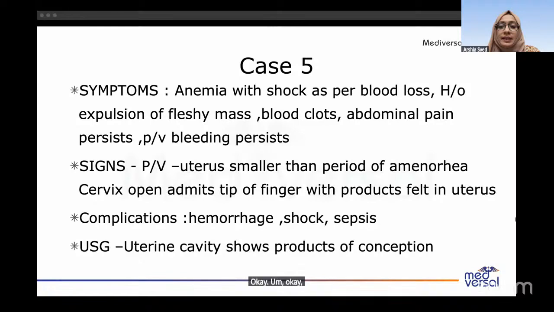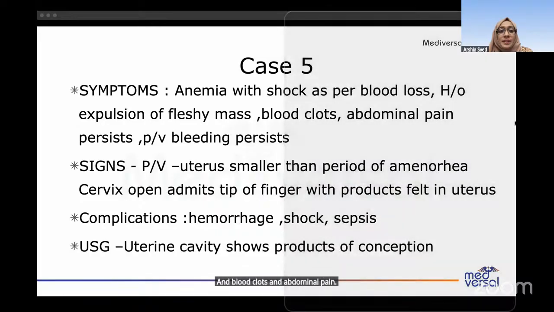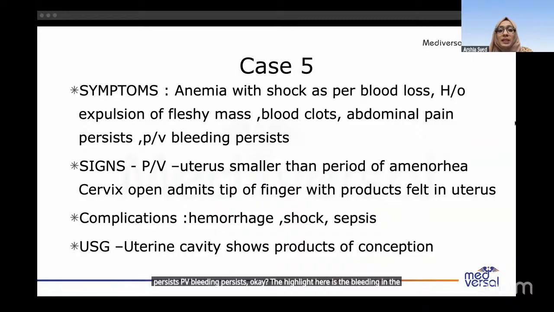The next case is that of a patient with anemia with shock, with a history of expulsion of a fleshy mass and blood clots, and abdominal pain and PV bleeding persist. The highlight here is that the bleeding and the abdominal pain are persisting, but she gives a history that she expelled something.